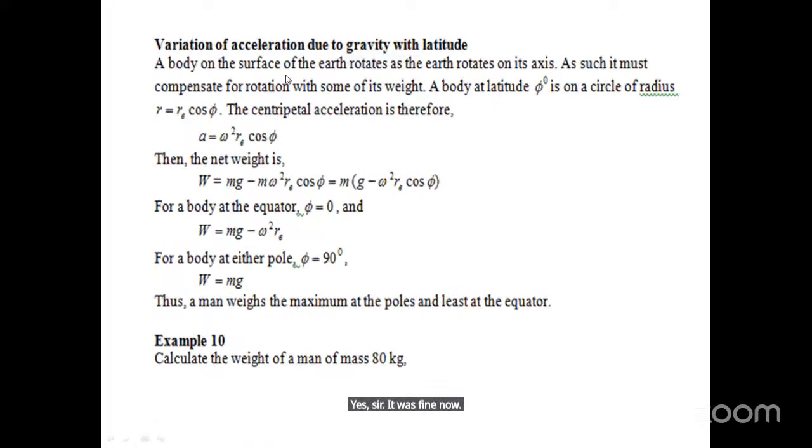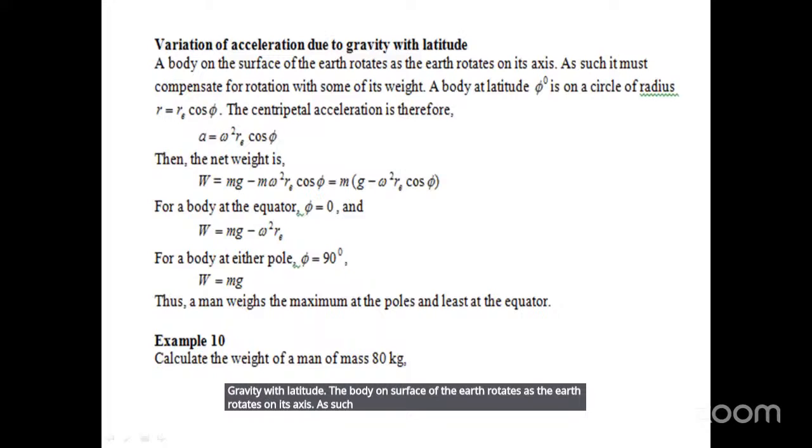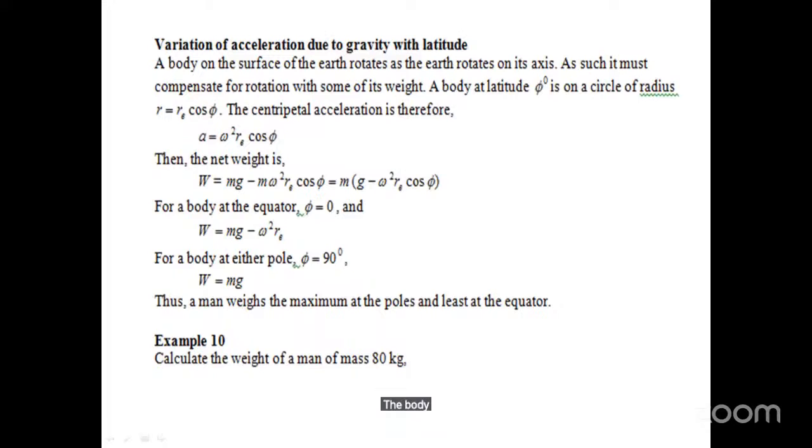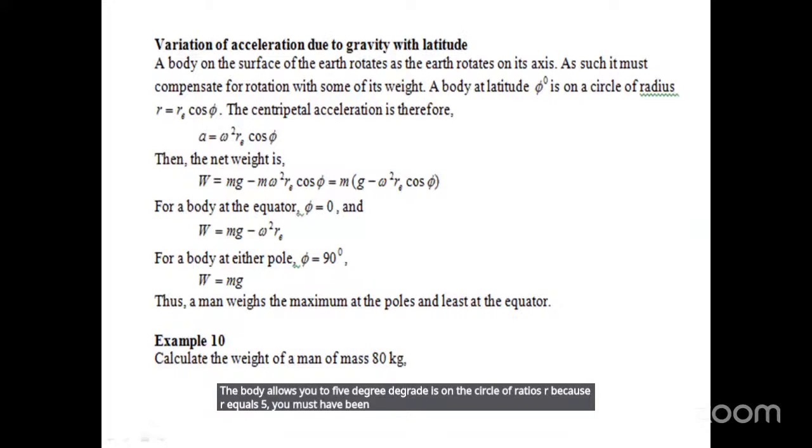So let's now look at the relation of acceleration due to gravity with latitude. The body on the surface of the Earth rotates as the Earth rotates on its axis. As such, it must compensate for rotation with some of its weight. The body at latitude phi is on a circle of radius r equals R_E cos phi. You must have been taught this in longitudes and latitudes.